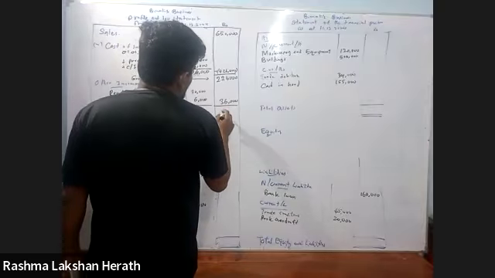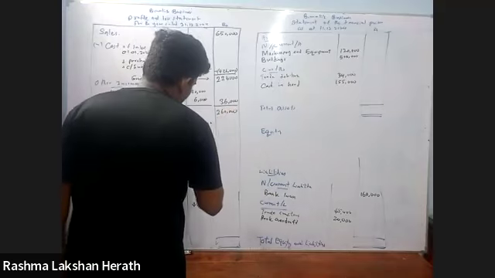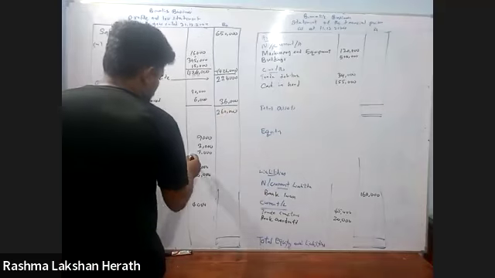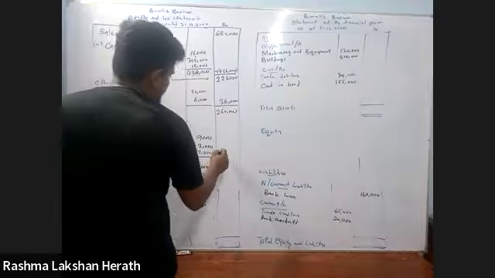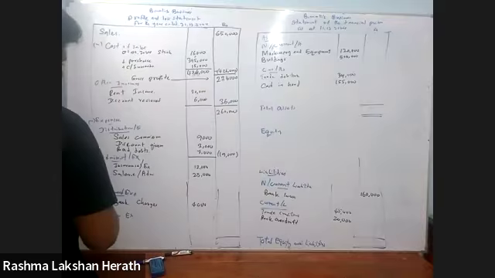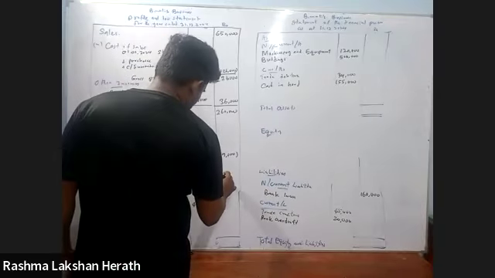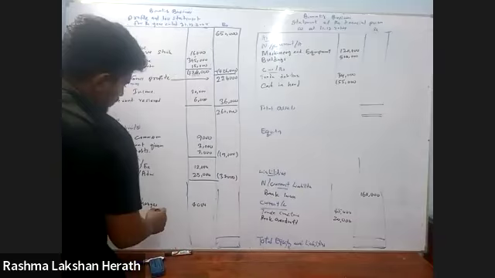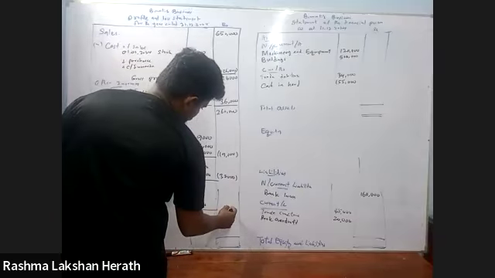Then 260,000. Then distribution expense is 19,000. And the 37,000. And the 4,000.